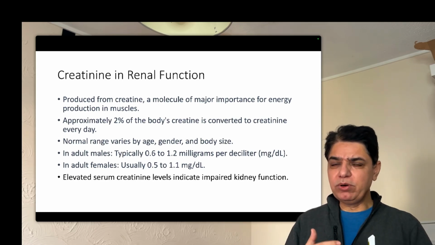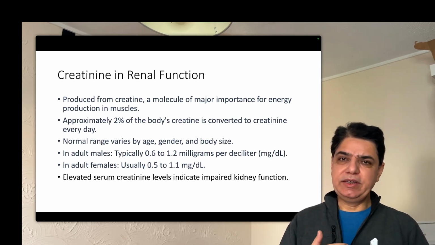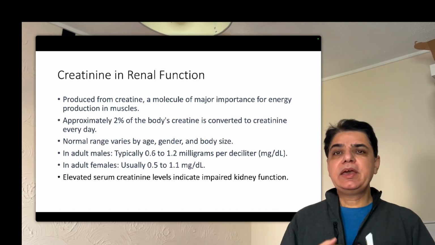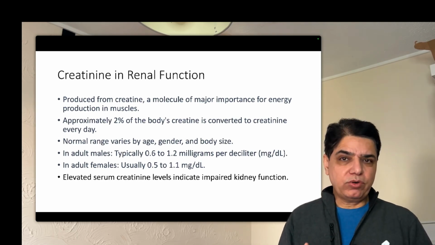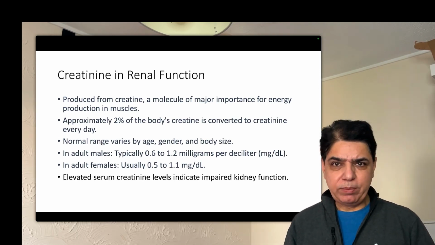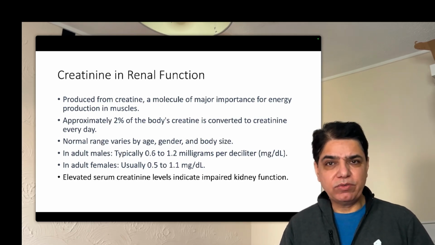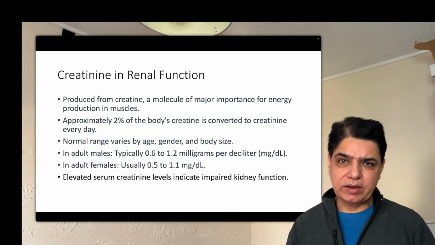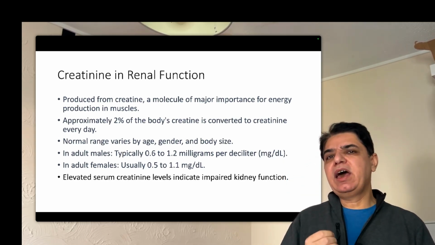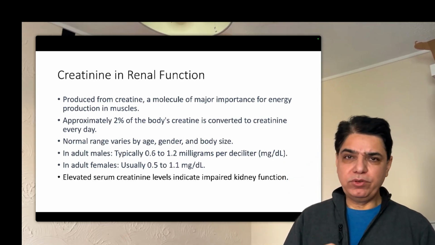Now, as I told you, because this is filtered constantly in the urine, in case your kidneys are not functioning properly, what would happen? You would not be able to filter creatinine. So the levels of creatinine would rise up in the blood. So creatinine is taken as a very sensitive marker of your renal function.